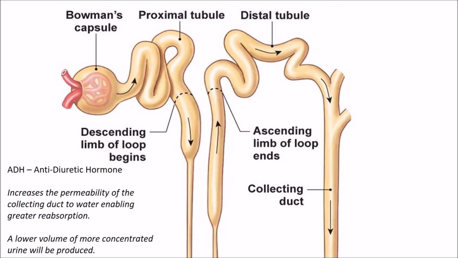So an antidiuretic increases the permeability of this collecting duct. It allows water to seep back into the kidney tissues, back into that medulla, back into those blood capillaries, and go back into your body. It's saying, right, before this urine leaves my body, I'm taking this water back. So you get a low volume of concentrated urine.